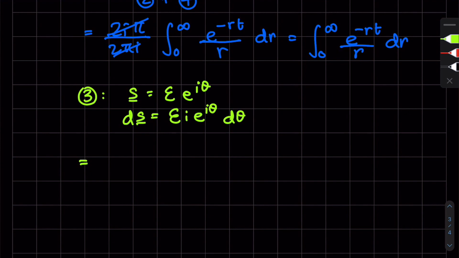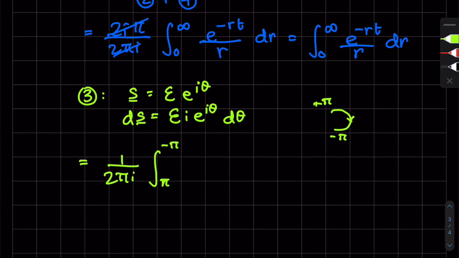We will have 1 over 2 pi I. Well, a circle is like this. Oh, that's horrible. It's like this. Here we decided we had a positive pi and a negative pi. So we're going from positive pi to negative pi.